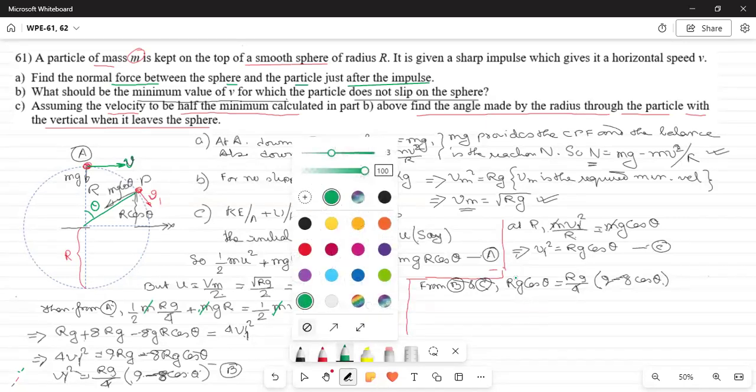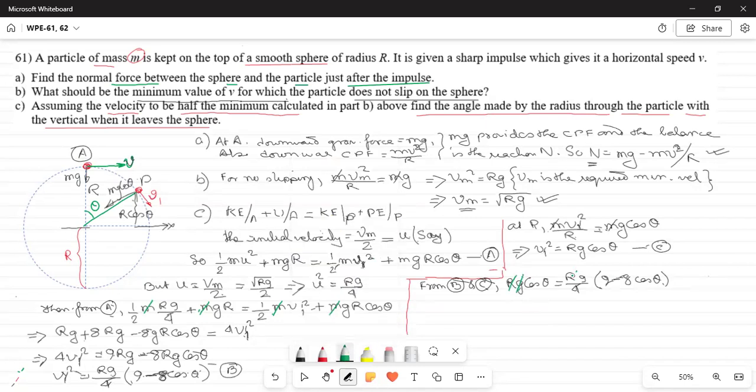All rg gets cancelled. So cross multiply with 4.